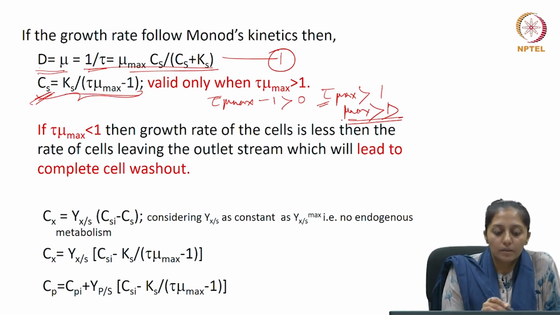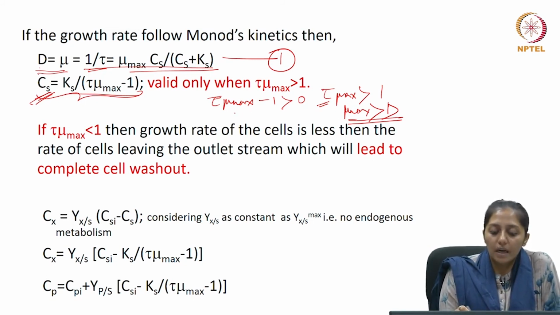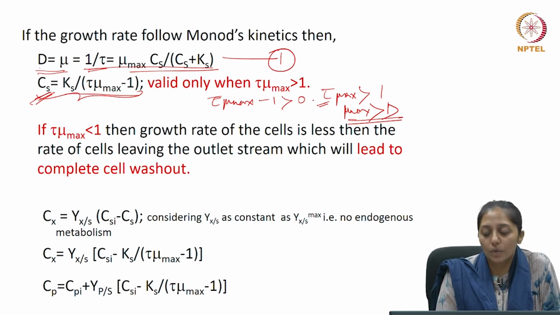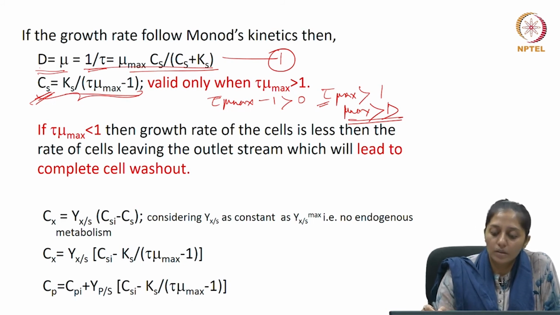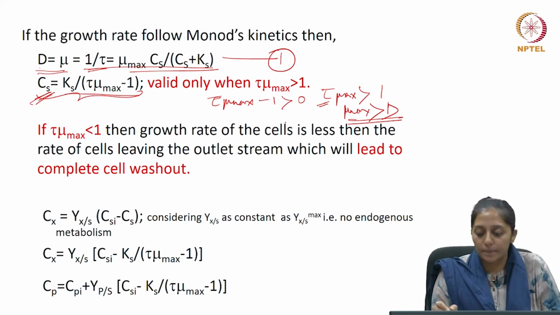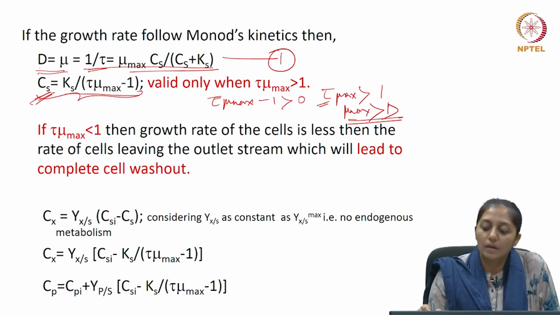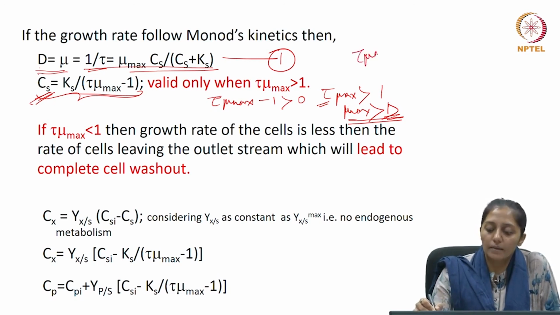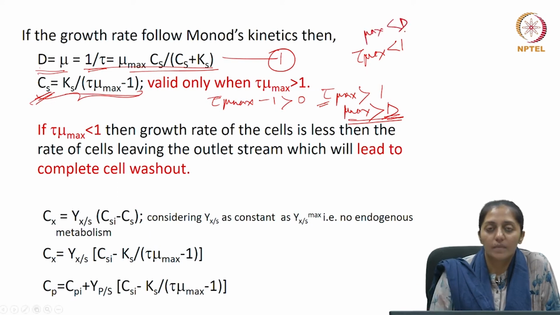If suppose this becomes less than 1, then what happens? Let us see, if your dilution rate becomes greater than mu max, which means your tau mu max is less than 1. Isn't it?